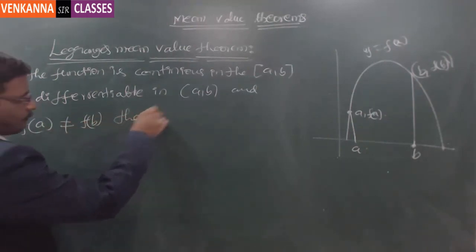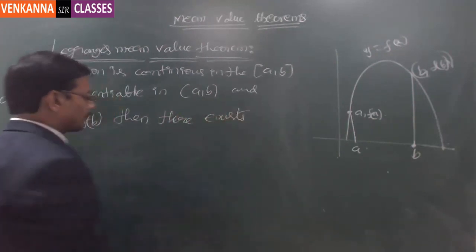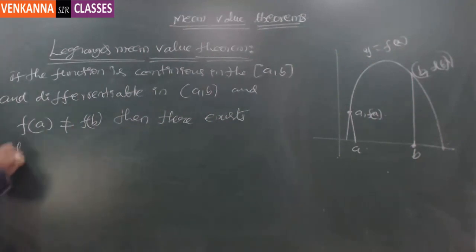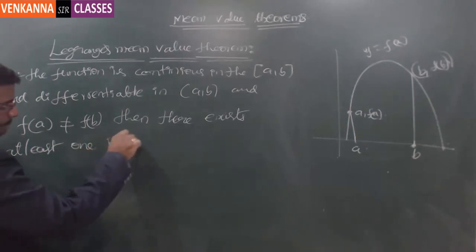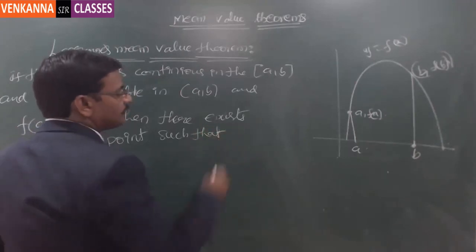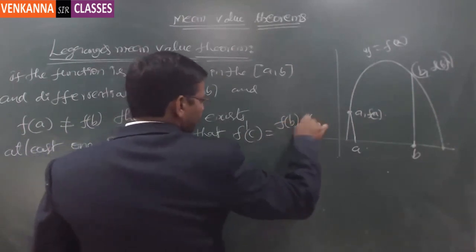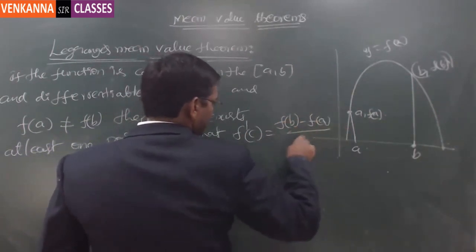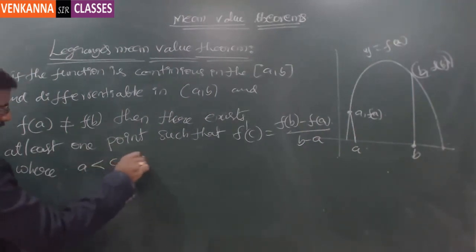then there exists at least one point c such that f dash of c is equal to f of b minus f of a divided by b minus a, where a is less than c less than b.